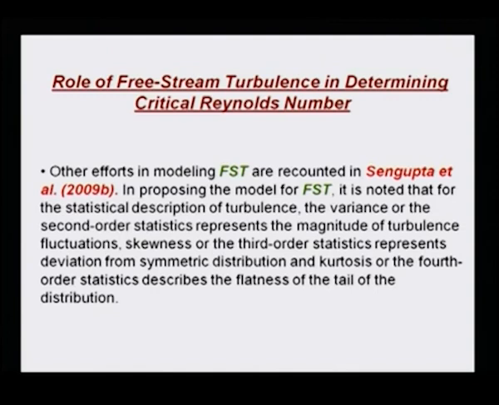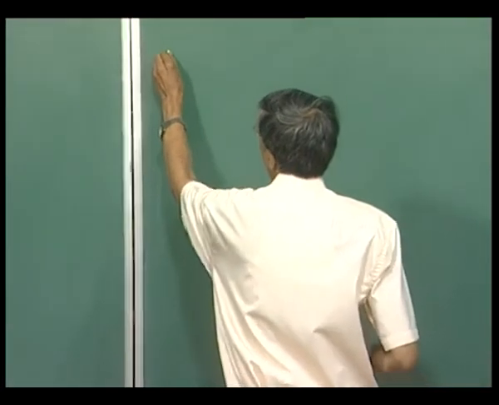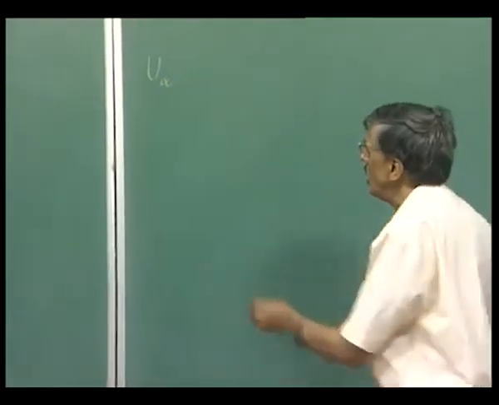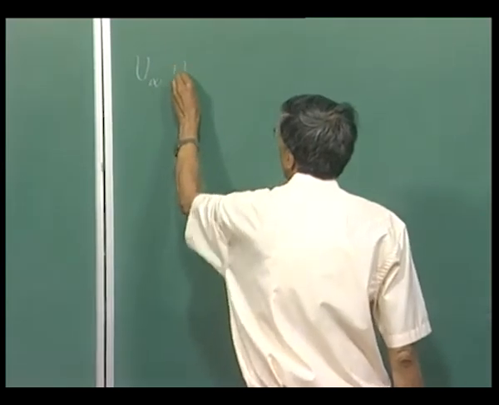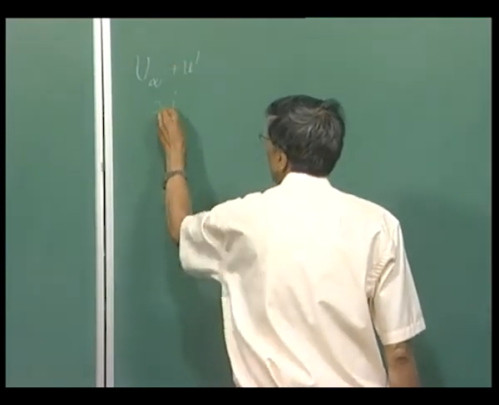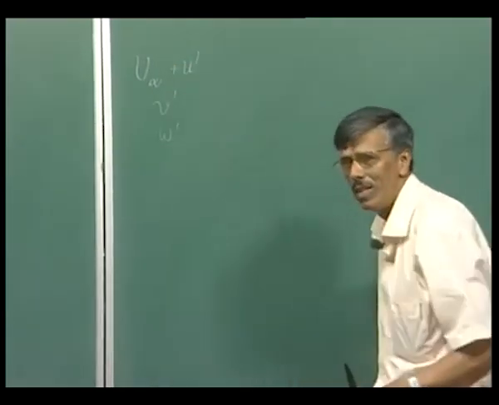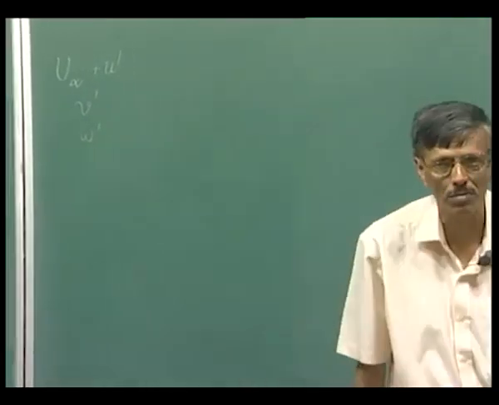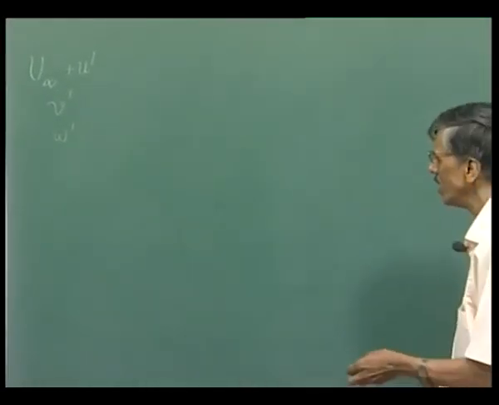One of the most common moments that we use is, let us say I am trying to create u infinity. In the tunnel, what we end up with is u prime, v prime, w prime, where these are the random stochastic components.